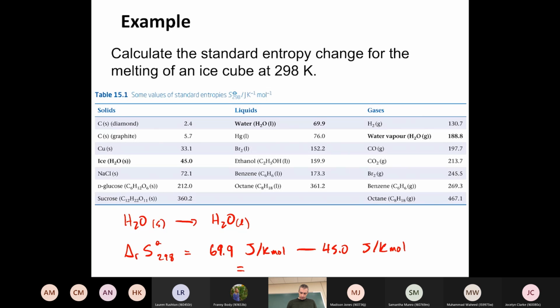And that will equal, let me do this in my head, 24. So that would be the delta S of fusion in this case. Notice the value is positive, which we expect going from solid to liquid. Should have a positive delta S. We're going from a solid phase closer to the gas phase.